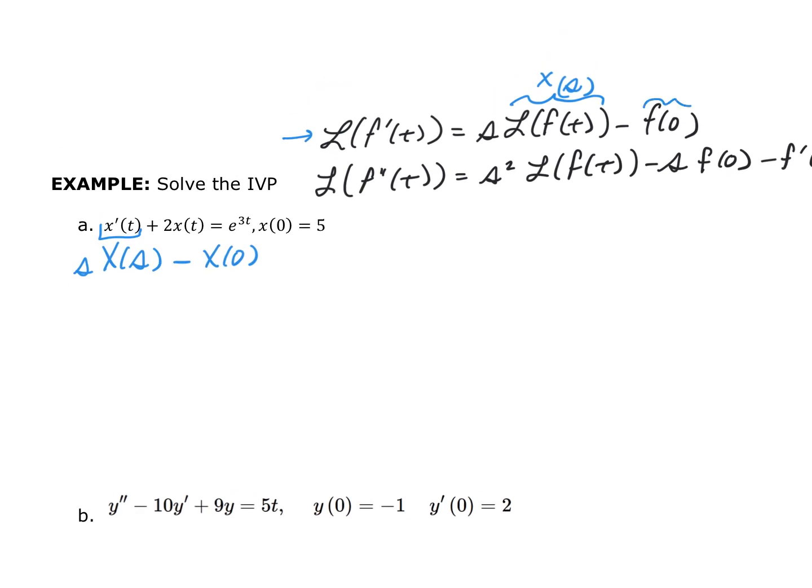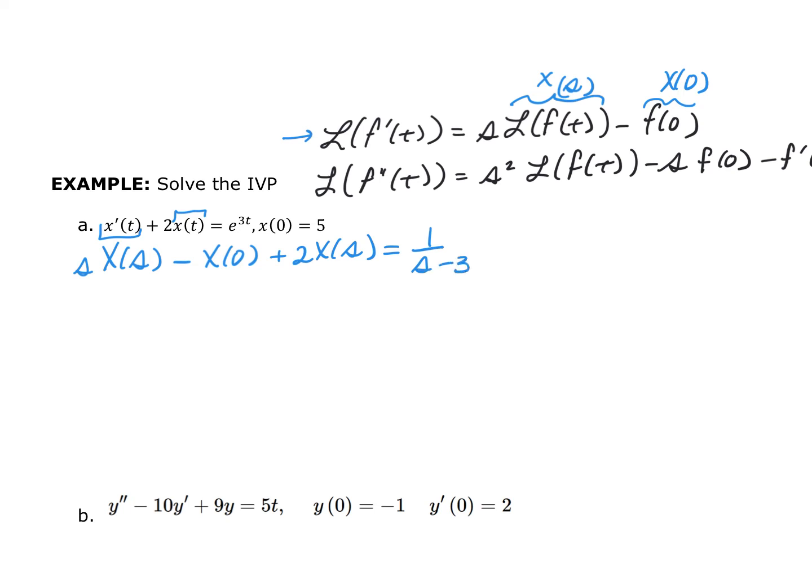That's what this is, cap X of 0. And then plus 2. When I do the Laplace transform of this, it just becomes cap X of s. On the other side, we have e raised to the 3t. This becomes 1 over s minus 3.